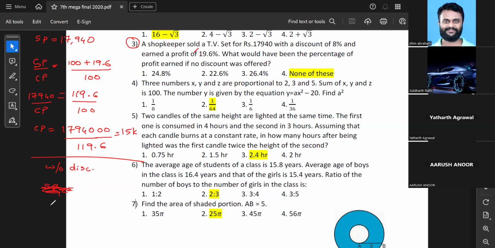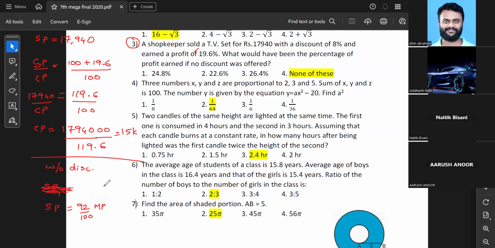So this selling price is basically 92% of the marked price. I'll call it MP, marked price, just to avoid confusion. I hope you understood how the 92% came, because out of 100%, when you're giving 8% discount, you're basically subtracting 8. 100 minus 8 is how much? It's 92. Am I clear?